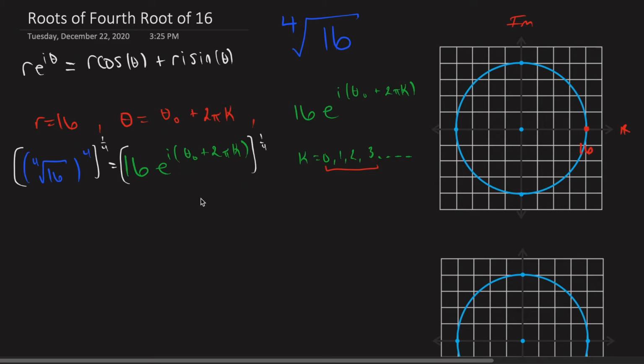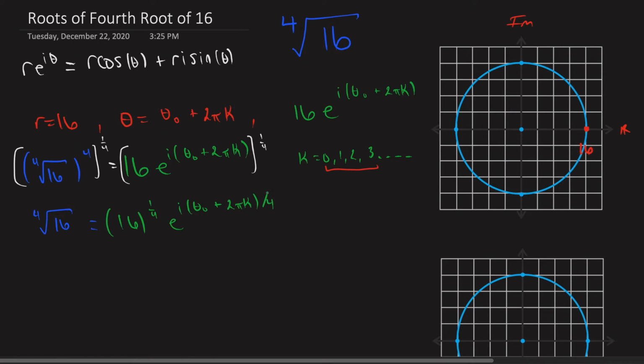Now we're going to get that the fourth root of 16 is equivalent to, let me do this in green to be consistent, 16 to the 1/4, because we can distribute that, e to the i theta naught plus 2 pi k divided by 4.